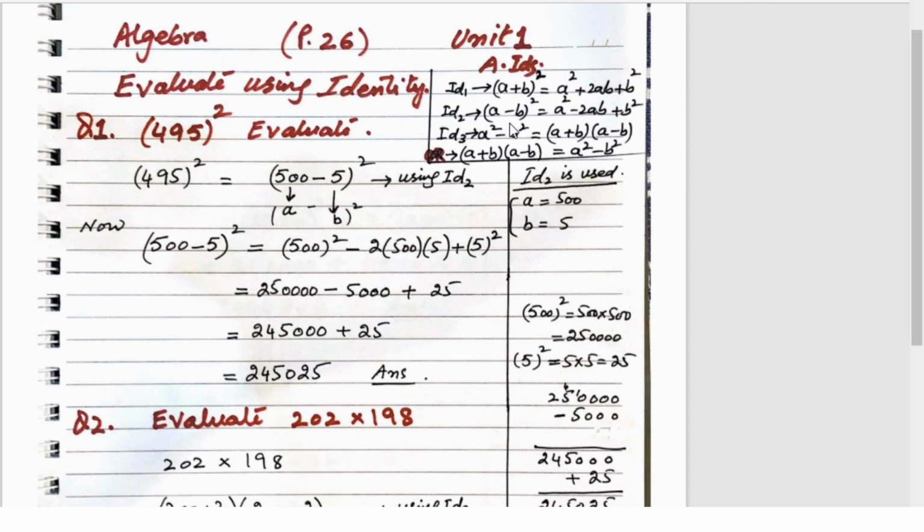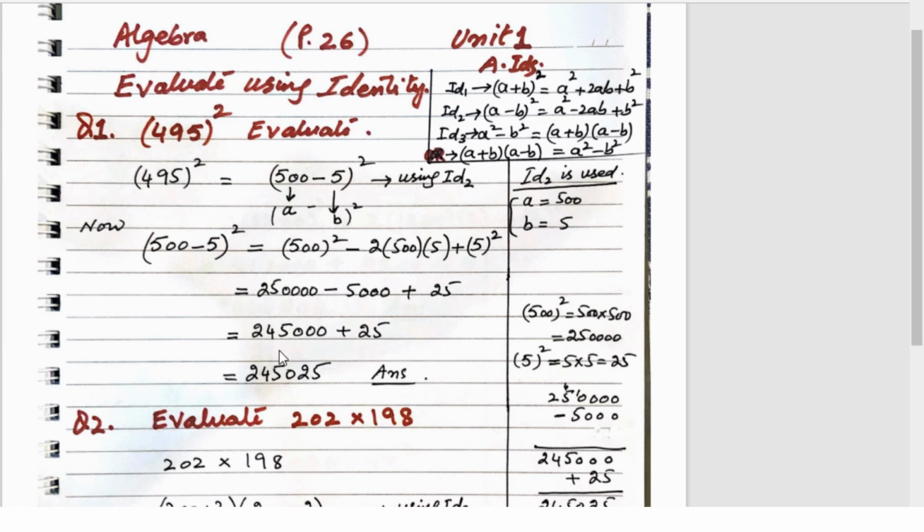These two identities are known as perfect squares, and when a square is involved, definitely we will go towards either ID1 or ID2. Looking at the sign over here, we have a minus sign. It means we will select ID2, and following this identity we will open this whole perfect square.